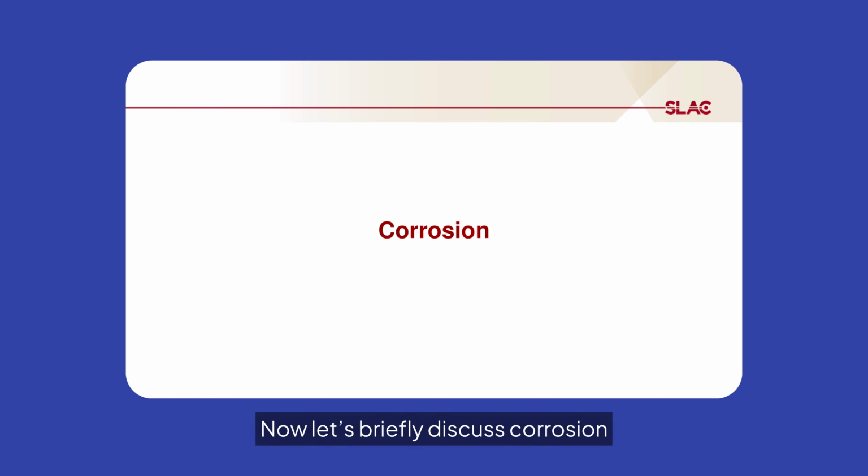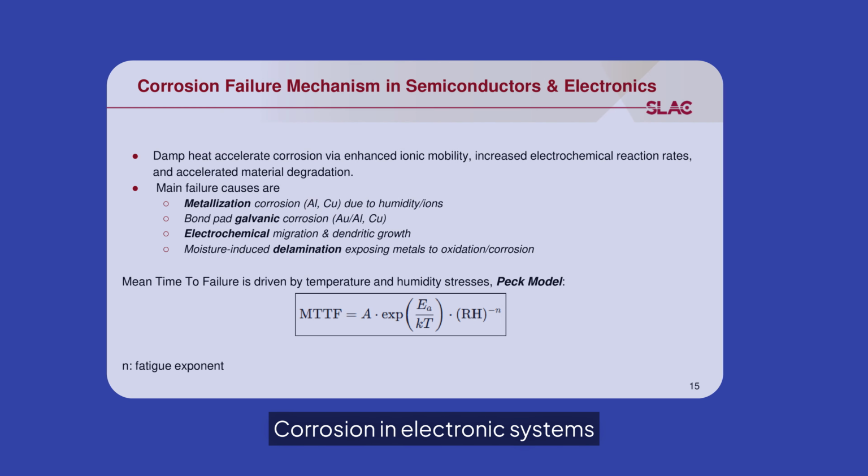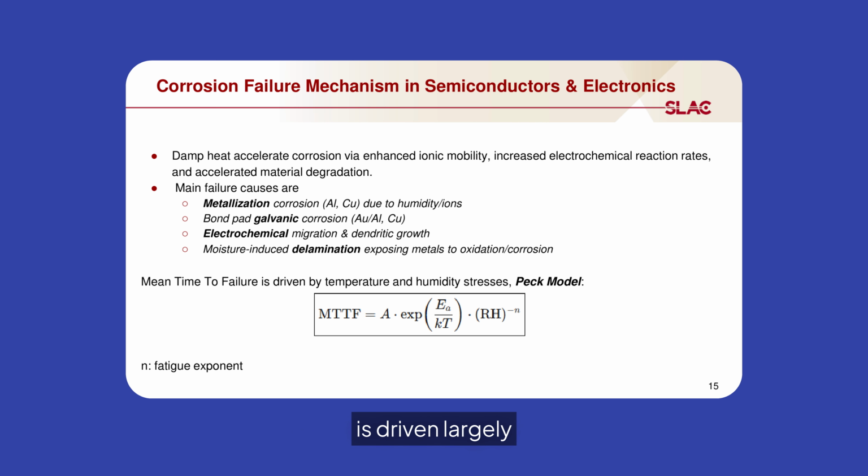Now let's briefly discuss corrosion failure mechanisms in microelectronics, an important environmental reliability concern. Corrosion in electronic systems is driven largely by moisture and humidity. One of the most common forms of corrosion is galvanic corrosion, which occurs when dissimilar metals are in contact in the presence of an electrolyte.